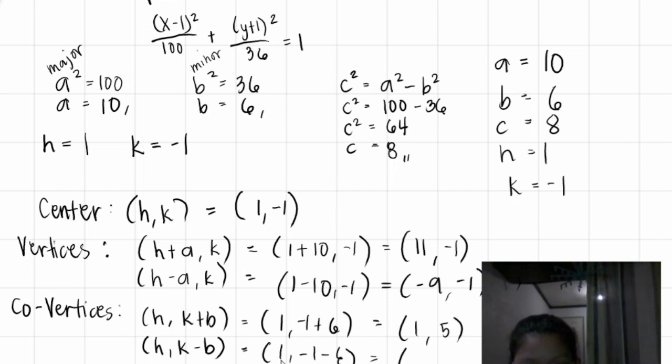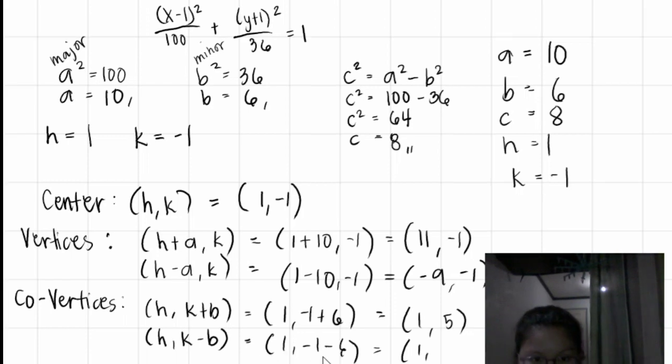So copy lang natin si 1, si k, si h, and then simplify natin to. Negative 1 minus 6 is negative 7. So, ayan, nakumpleto na natin yung apat na points para mag-graph natin, which is 1, 1, negative 1, negative 9, 1, 5, and 1, negative 7. So, that is the formula for the vertices and then the co-vertices.